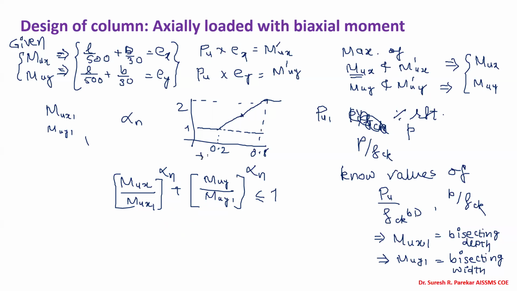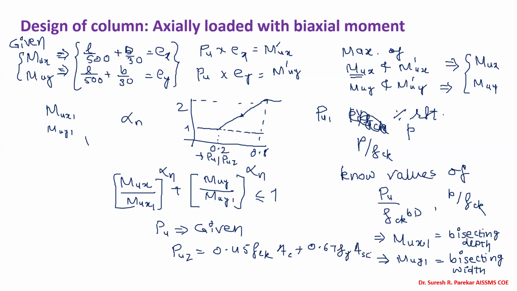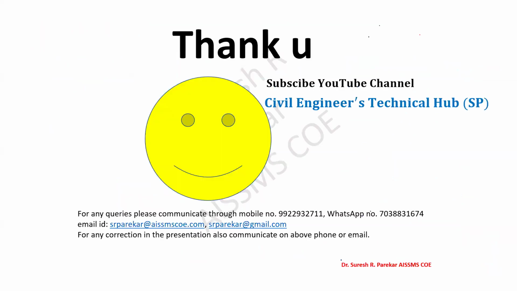Pu is given, and Puz we have to find using the formula 0.45 fck Ac plus 0.67 fy Asc. So likewise, you have to go for design of column axially loaded with uniaxial and axially loaded with biaxial.